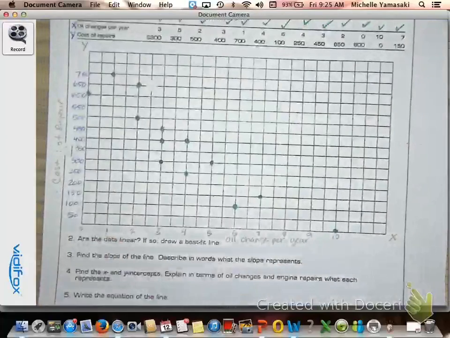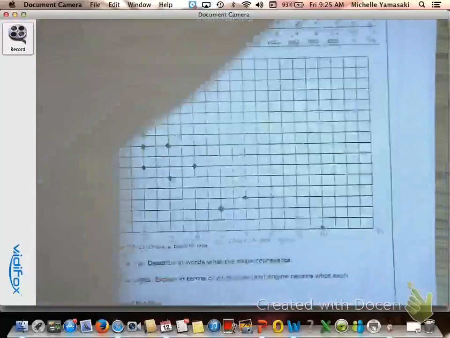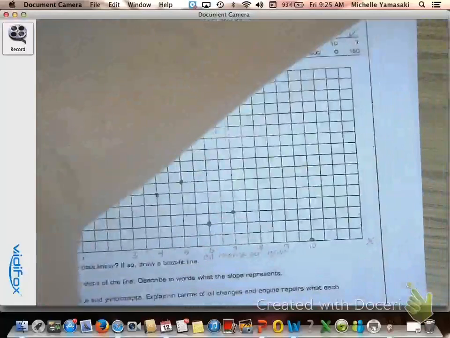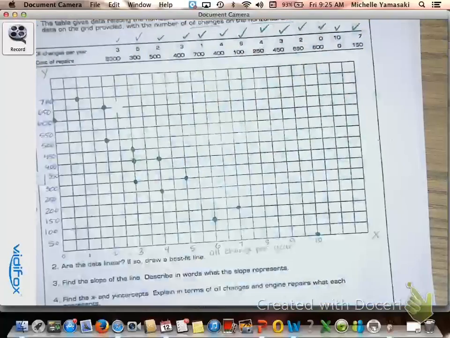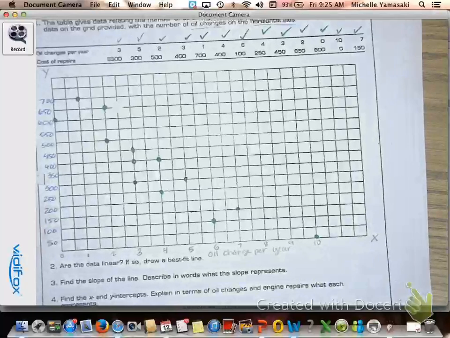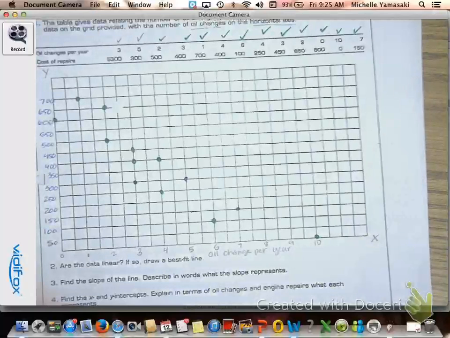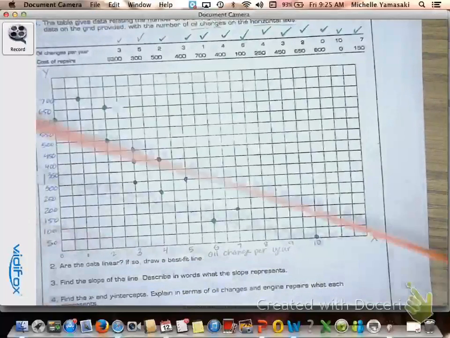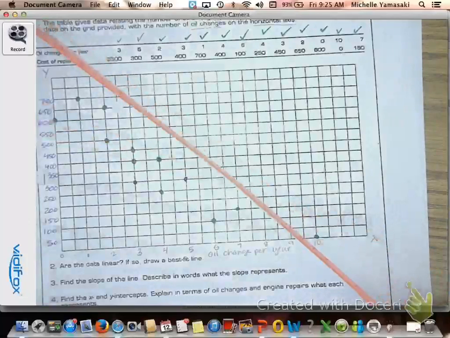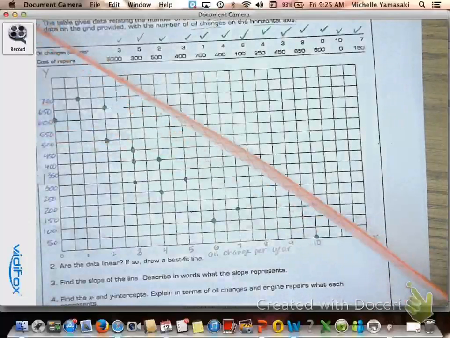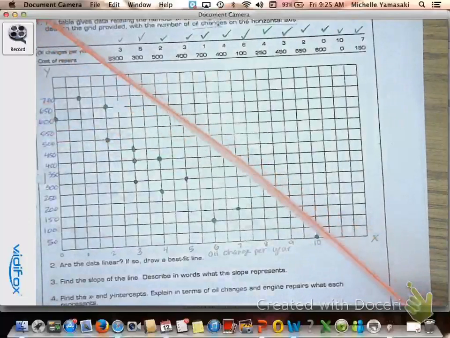Now, the first thing we need to talk about is being able to draw the line of best fit. Okay? When I draw my line of best fit, I want to pretend that my ruler or my line is like a piece of metal, and I want to place it where I'm going to attract the most points.